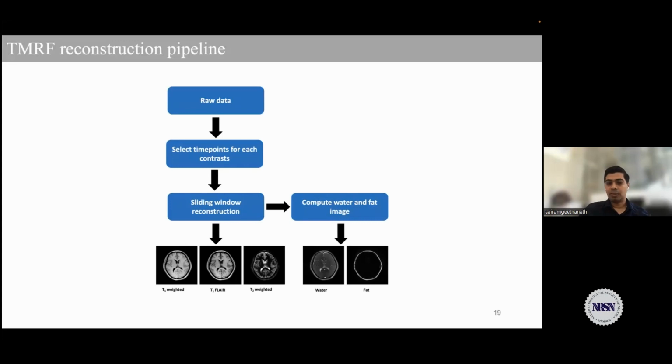We'll show you also a repeatability study. And one of the other things we were able to do is look at water and fat. This is not directly clinically meaningful in the context of brain, but we had motivations to use this to correct for some of the fat saturation issues that we were seeing in some of the other sequences.